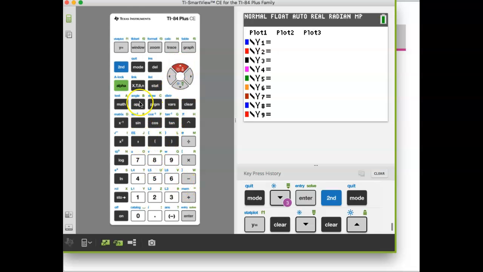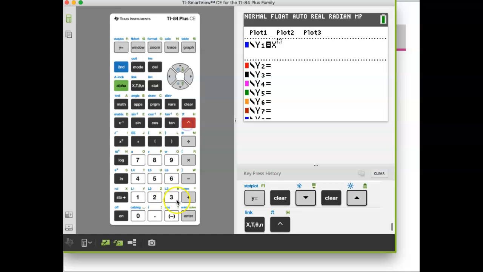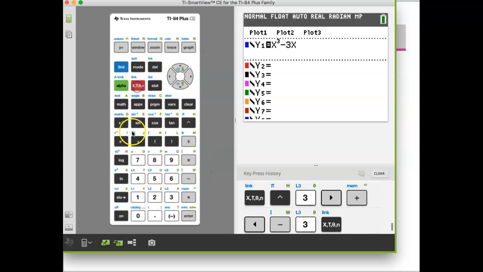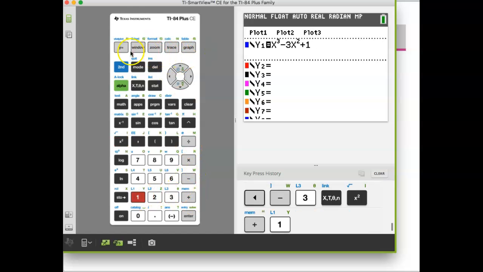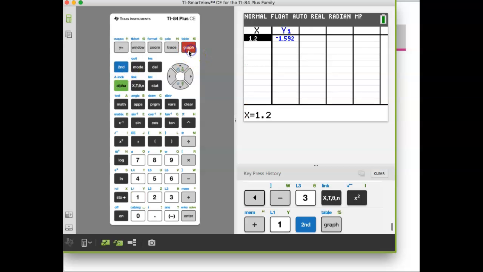So we're putting our original function in there, x cubed minus 3x squared plus 1. And then I can just go to my table and input those values that I wanted.